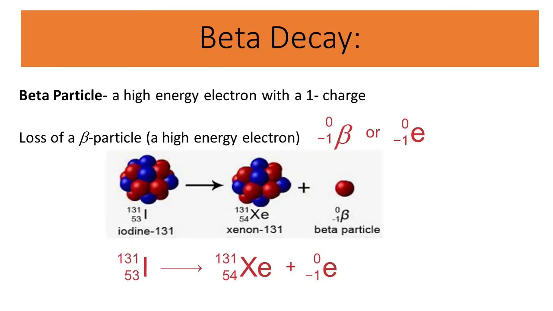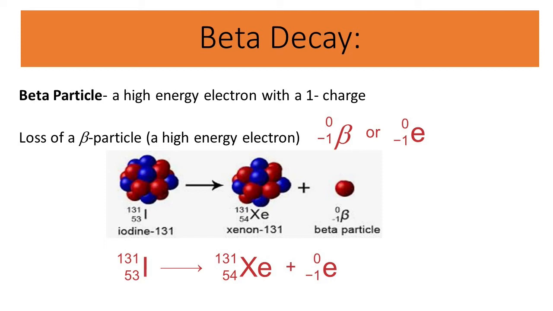Moving on. Beta decay is a high energy electron with a -1 charge. So basically in beta decay, it is a loss of beta particle. As you can see here in this diagram, you have iodine-131, which is decayed into xenon and an electron.